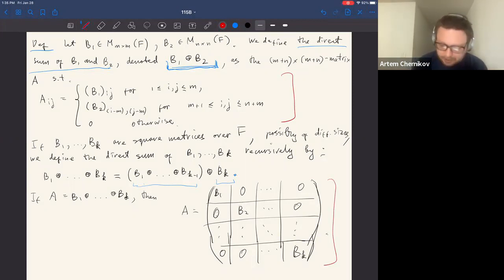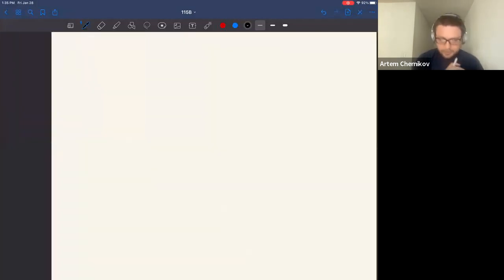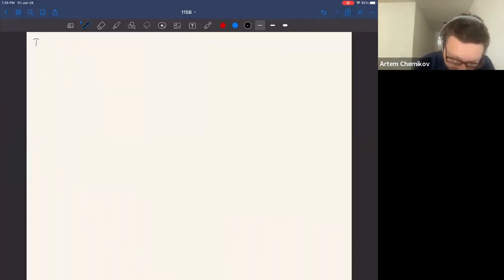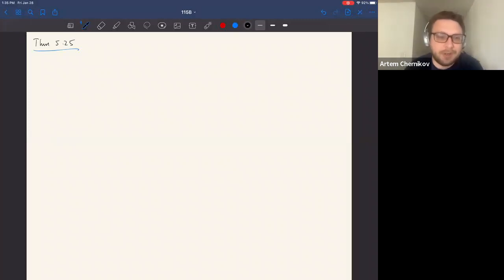Okay. All right. So we have this definition. Now we formulate theorem 5.25. What this result really is, is a matrix analog of the result that we already have for invariant subspaces. Let me just formulate it.